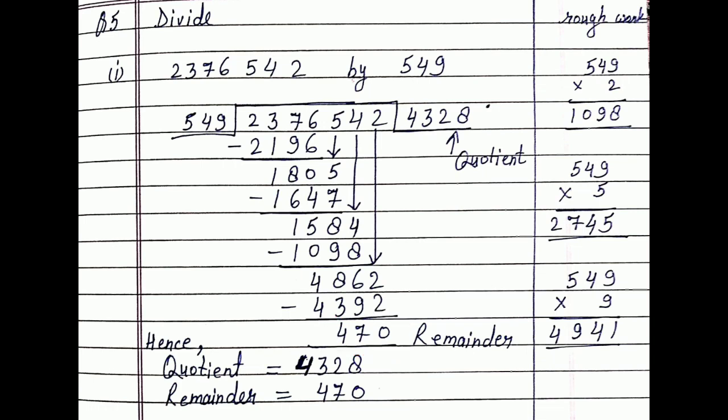So now the division is complete. Hence the quotient is 4328 and the remainder is 470. On the right side of your page you can make one line and do all the multiplication which you need, and then you can complete this division process.